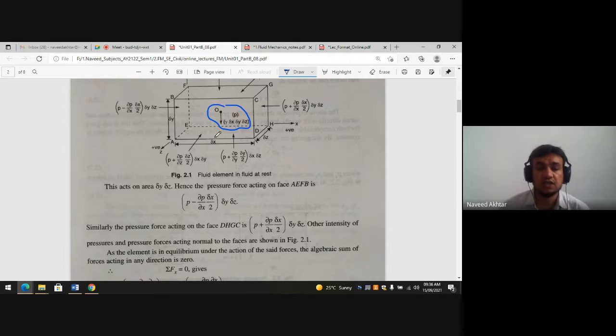This gamma is nothing but the density of the liquid.